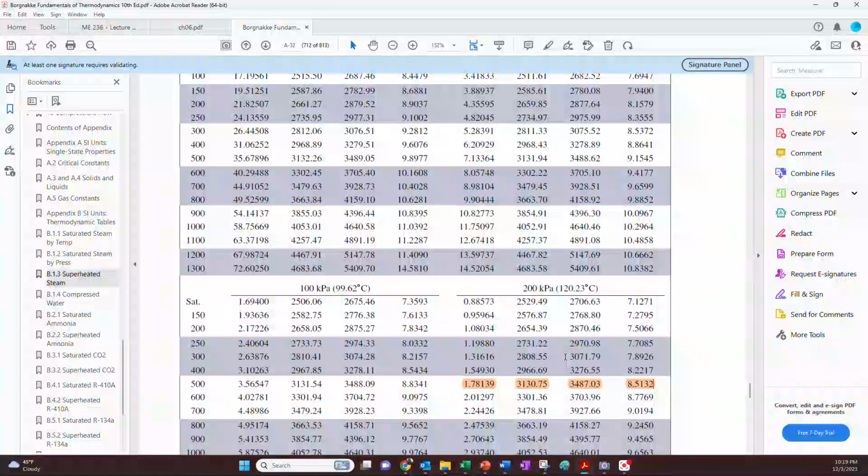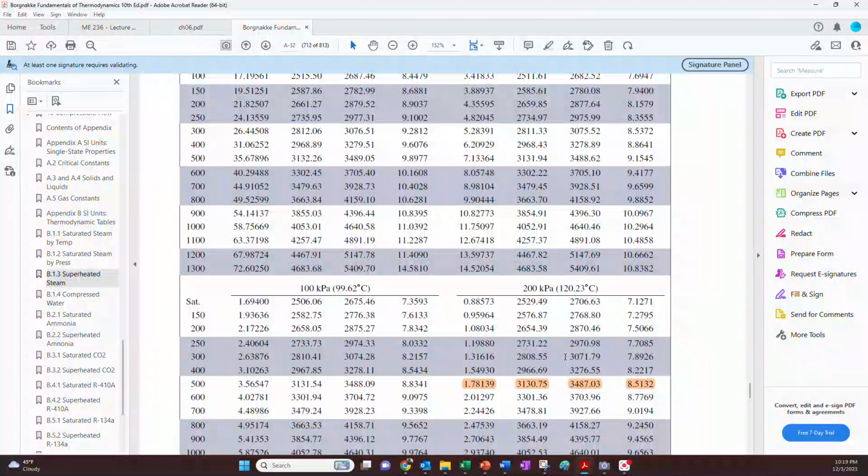I wish I'd left some space for myself, so once again, I didn't organize like I wanted to. The things I want, I think I need internal energy. I don't need a specific volume. I think I need enthalpy.